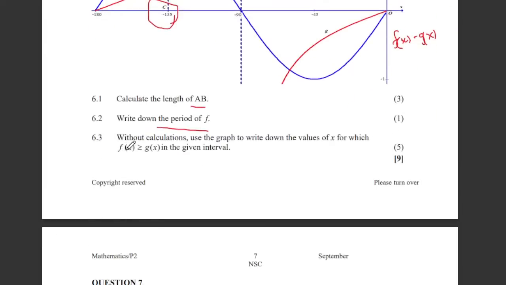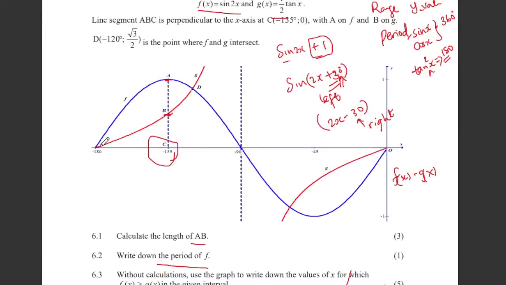Okay, then use the graph without calculations to determine intervals where f of x is greater or equal to g of x. So when they ask you for this, f of x has to be on top. So where do we find the graph of f to be above? It's between negative 180 and this point D. So what we need to do is determine the values of D, or the coordinates of D. Same story when you look at the negative 90 and this point here, we can see that the graph of f is still above, because after that, the graph of f goes below.